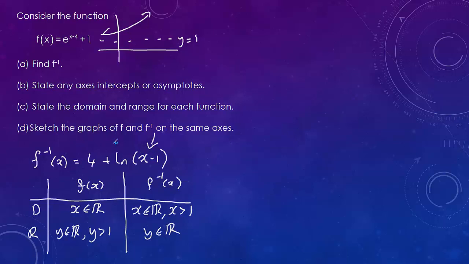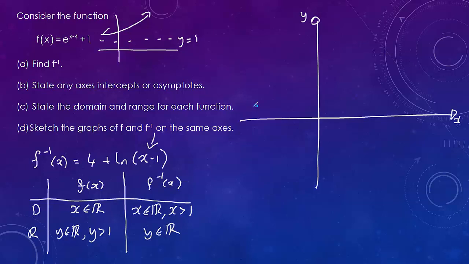We want to sketch the graphs of f and the inverse on the same axes. So we know that the asymptote of this one is y equals 1. And we know the shape of that.